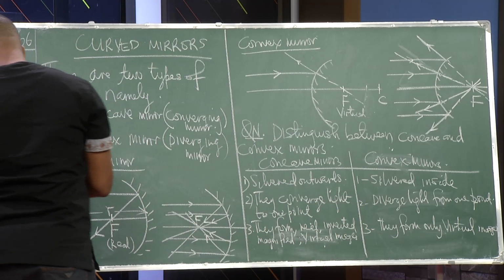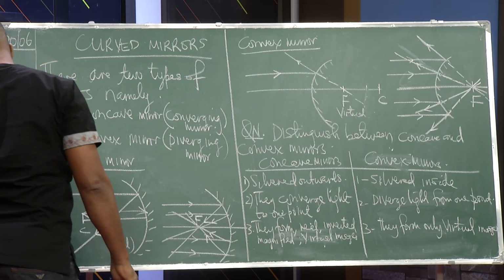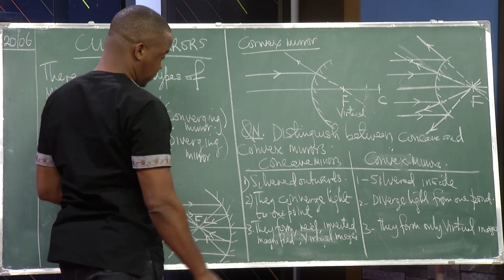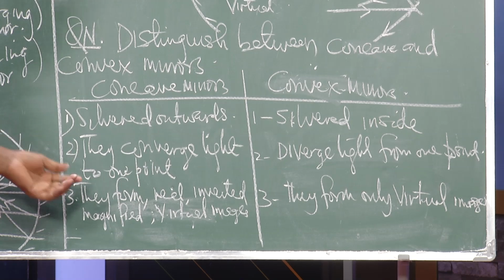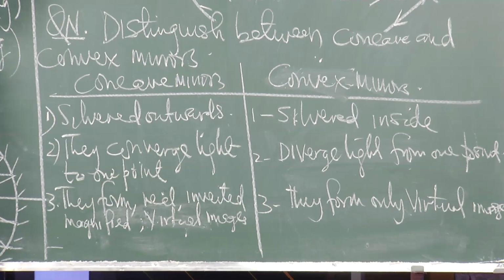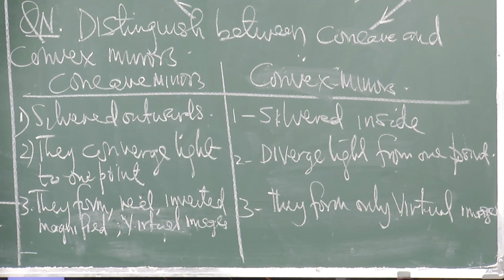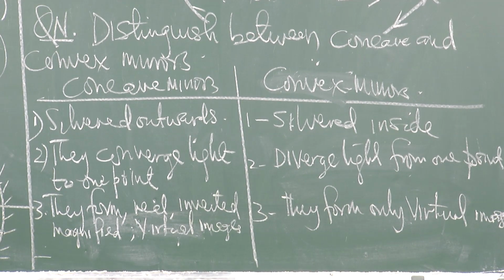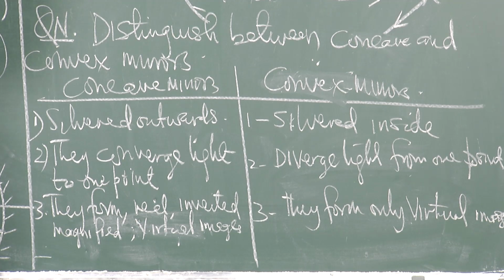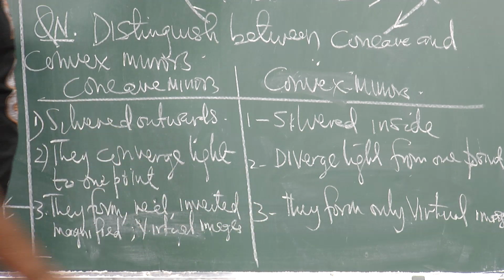And last but not least, they have different uses, as we shall see. Because these can form magnified images, they may therefore be used, among others, in car headlamps. These ones form only virtual images.